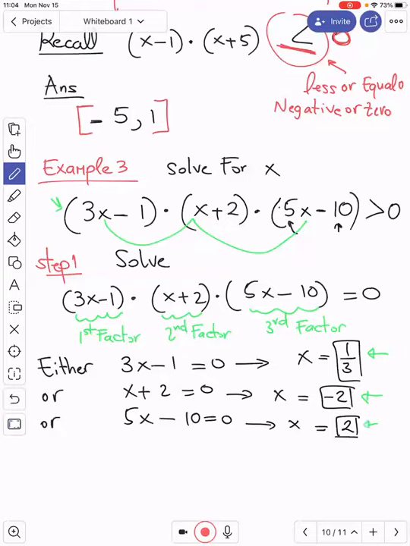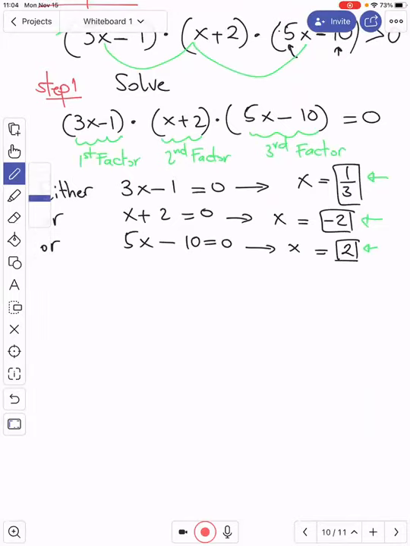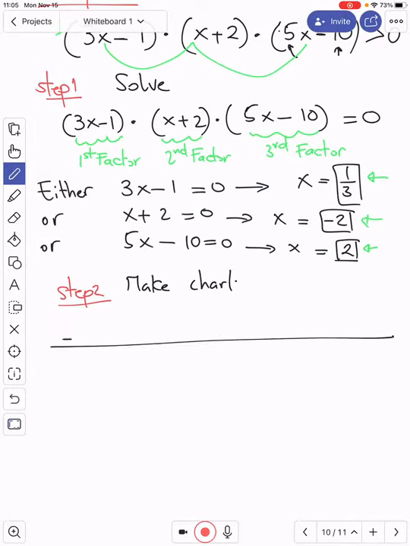You can imagine, if you have a polynomial of degree 4 or 5, so if you have a polynomial of degree 5, you expect to have 5 different solutions, etc. But anyway, for the second step, you make the chart. Again, this is my number line and my solutions.